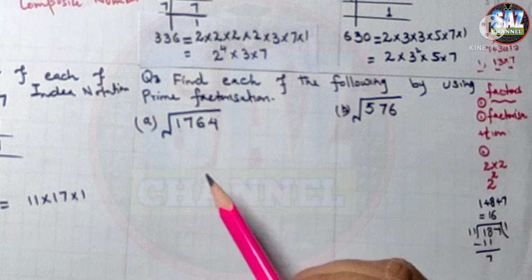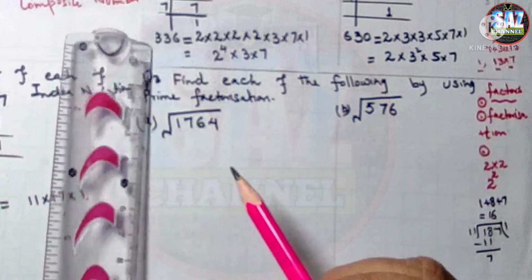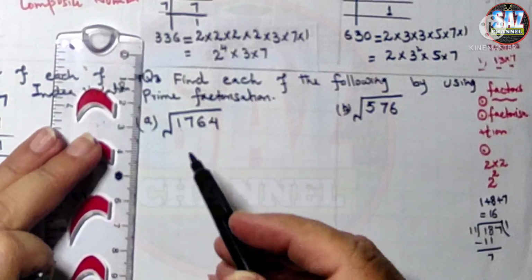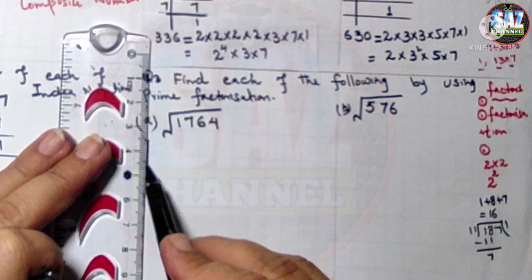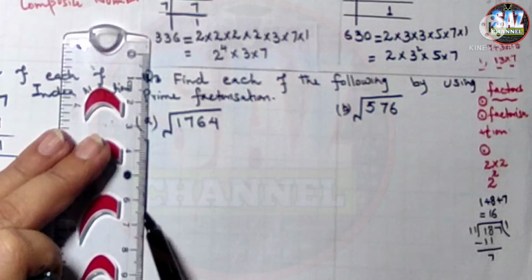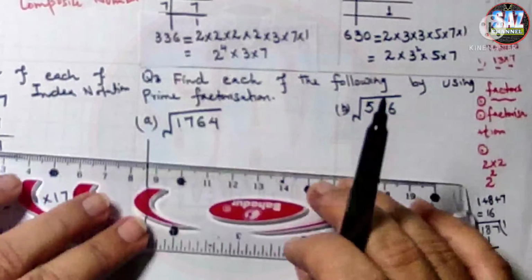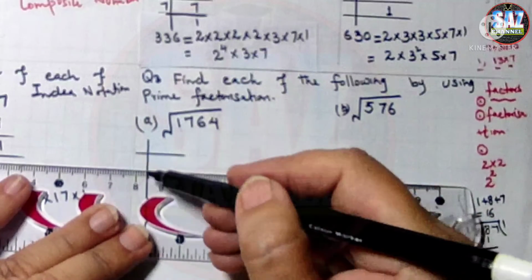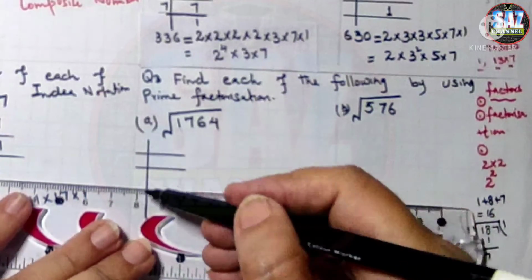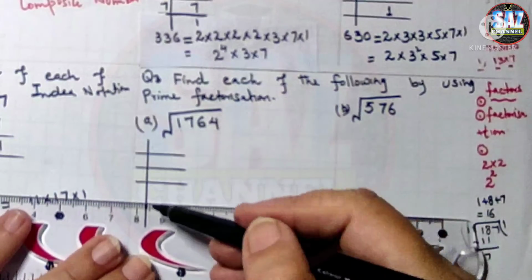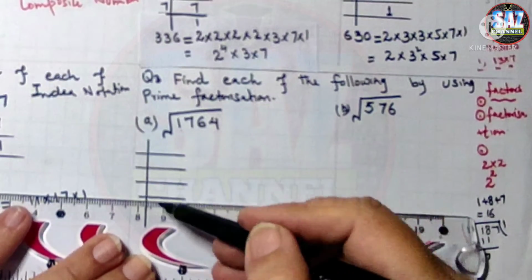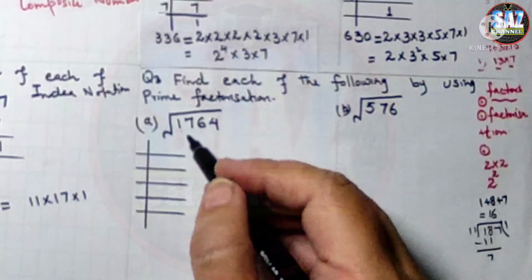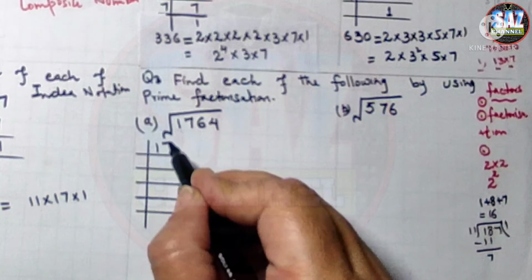First of all, we have to go for the division of 1764, and we'll be discussing later how we are going to find the square root of that number. Then I'll give you the trick as well, that how you can assess your working is correct.